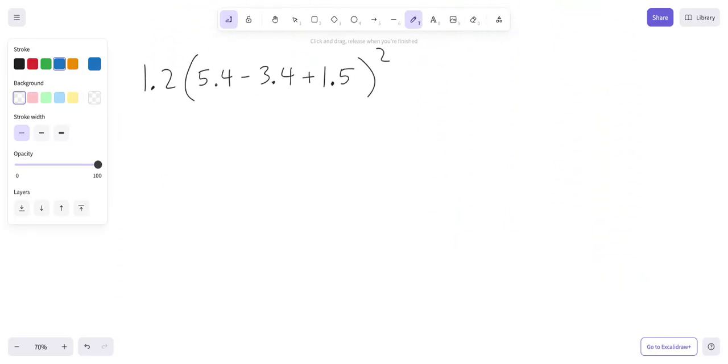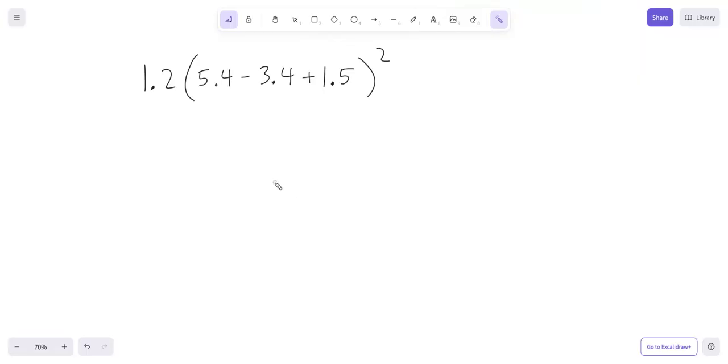And the last one. Here we have a number next to parentheses, so that means this is multiply, subtract, add, exponent, but this is all in a parentheses. So we have to do subtraction and addition first inside this parentheses. Subtraction and addition have the same priority, so we go left to right.